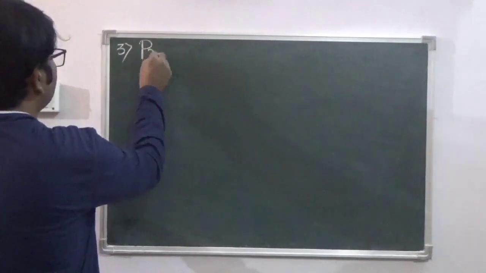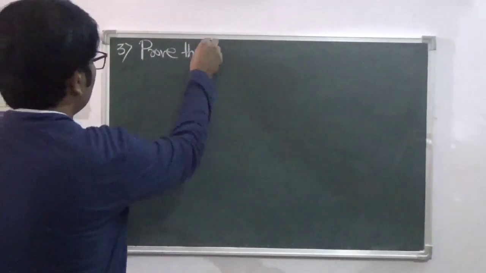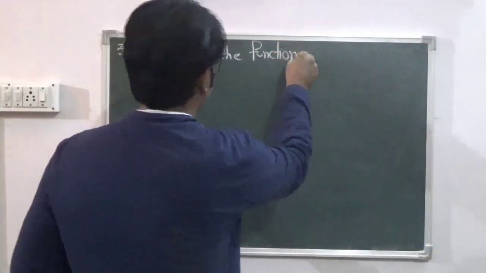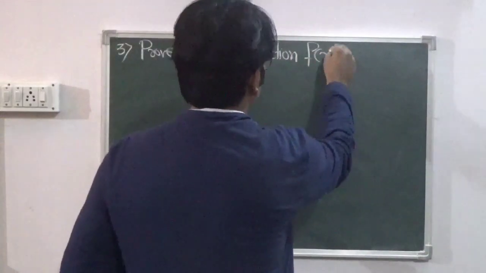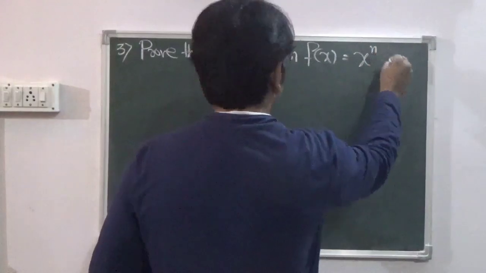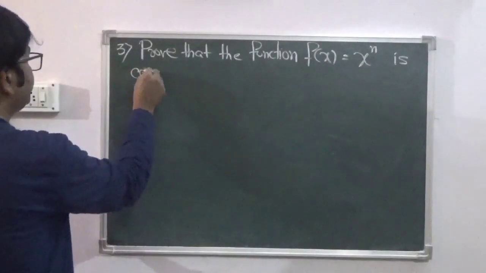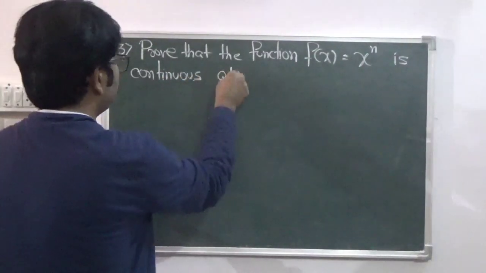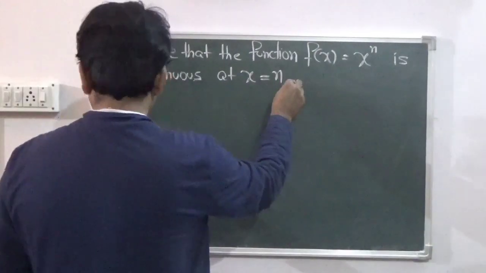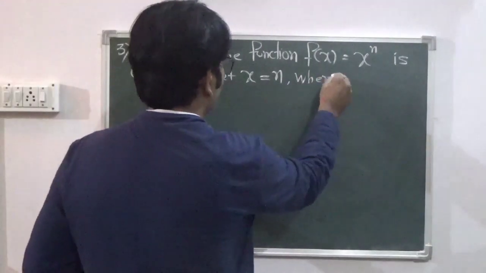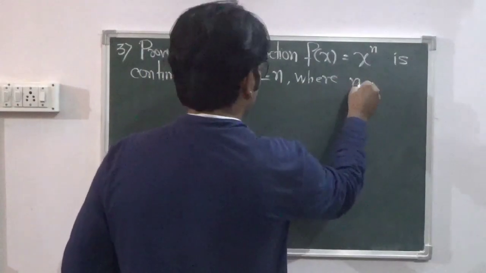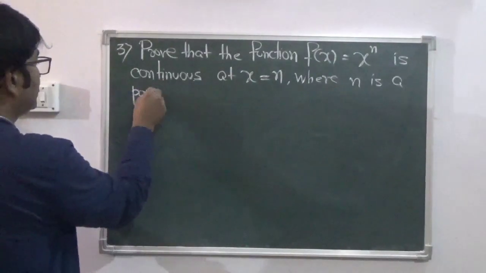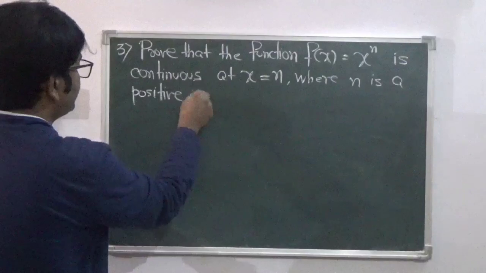Prove that the function f(x) = x^n is continuous at x = n, where n is a positive integer.